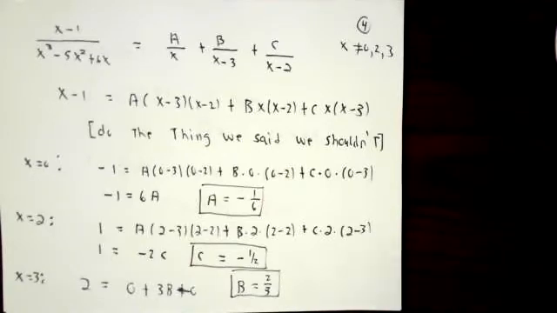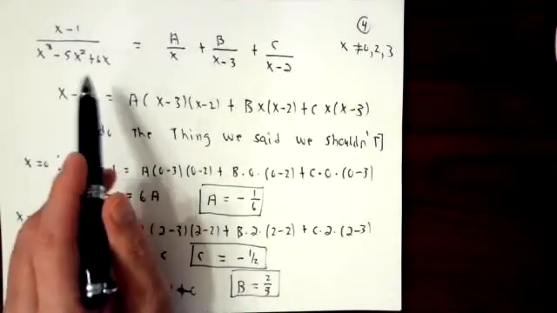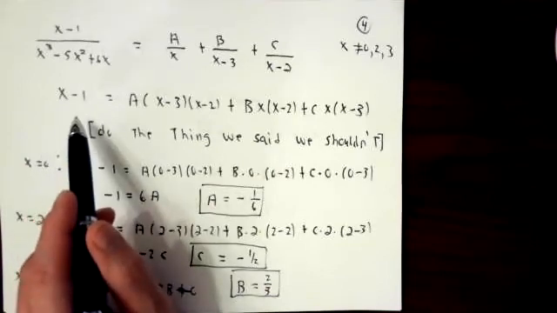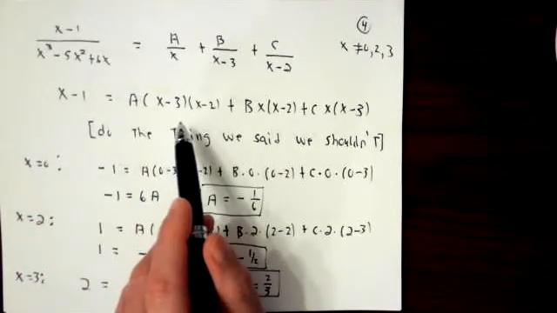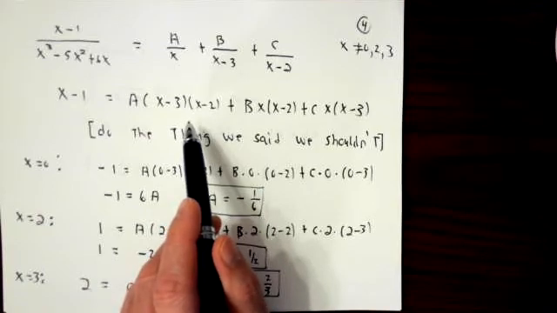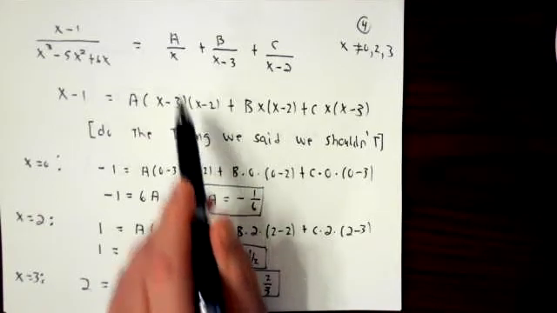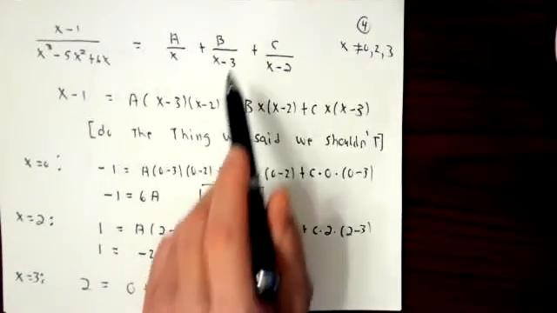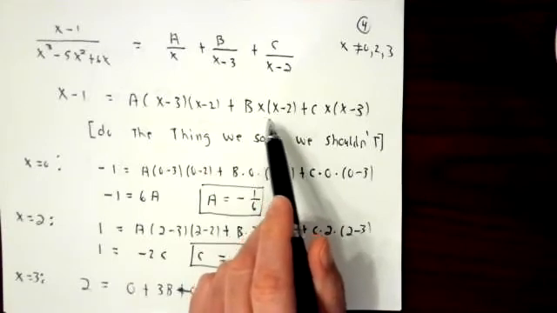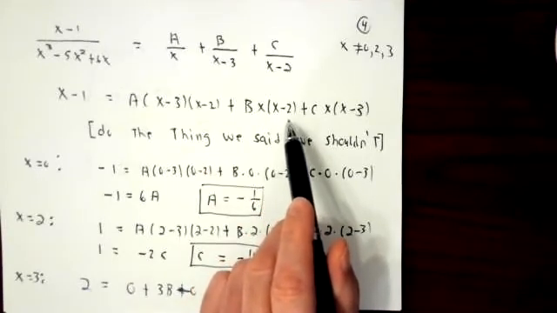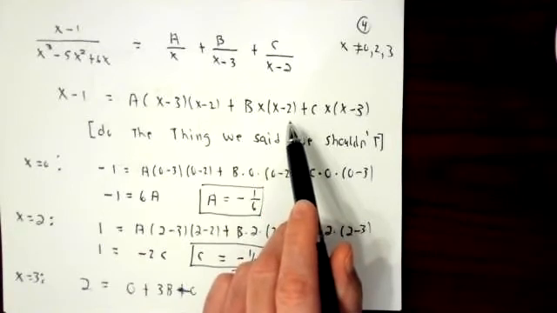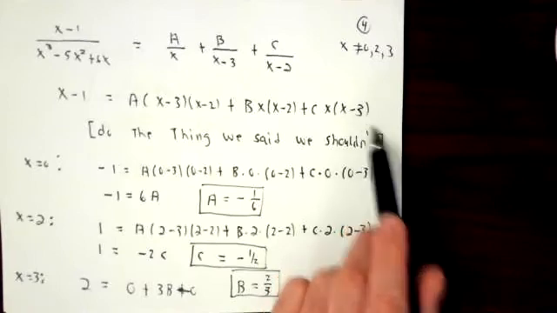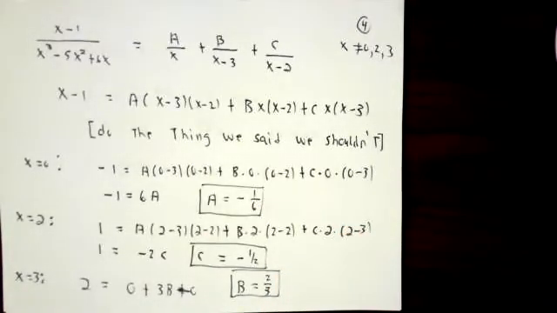If so, I can multiply through by this bottom. When I cancel out common factors, I find out that x minus 1 needs to be a times x minus 3 times x minus 2, because the x's canceled out, but the other two factors didn't, plus b times x minus 2, the x minus 3 factor canceled out, plus c times x minus 3, the x minus 2 cancels out.